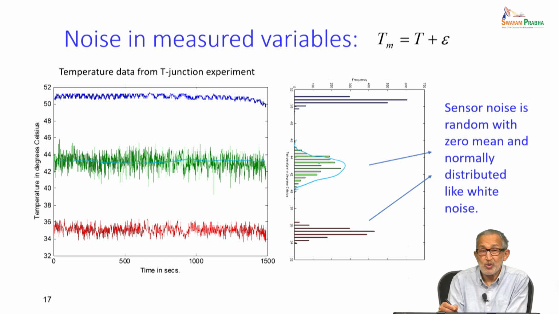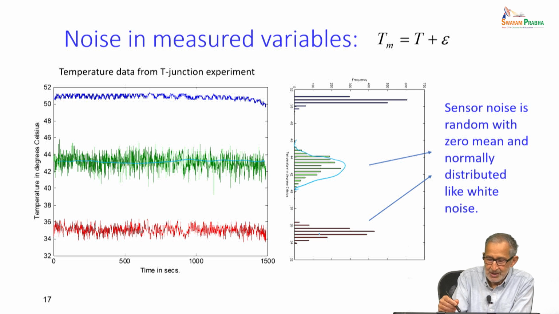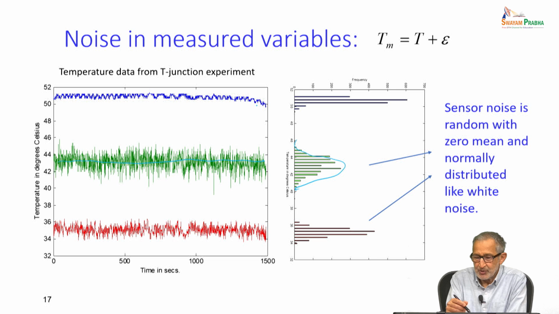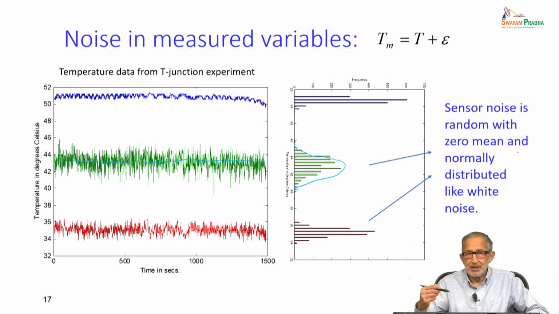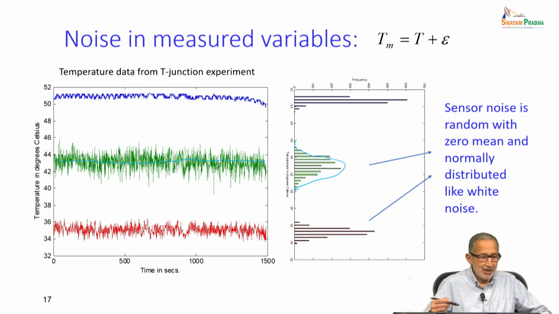This is normally distributed and the error is approximately 0. Same thing here. Now there was a slight issue with this sensor, and that was related to quantization of this thermocouple. So sensor noise is random with 0 mean and normally distributed, like white noise.